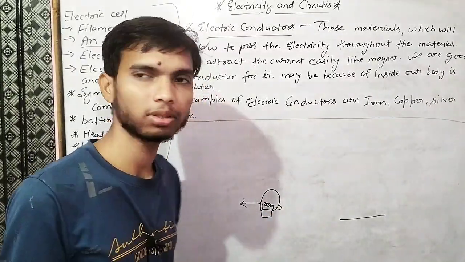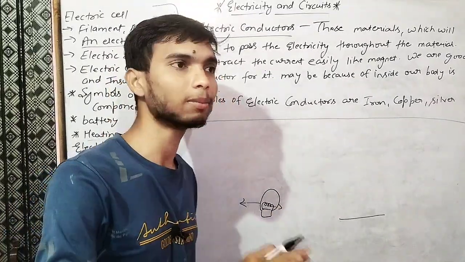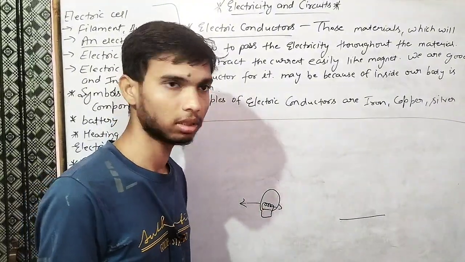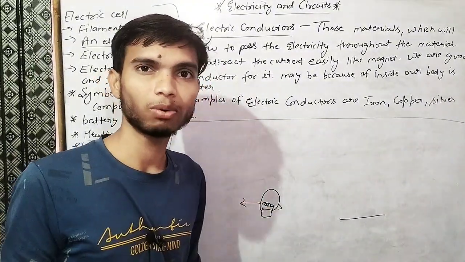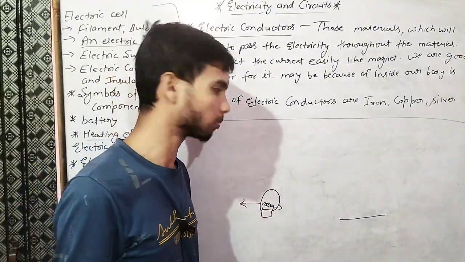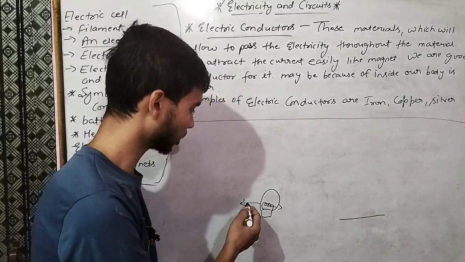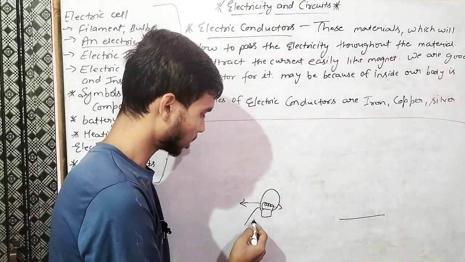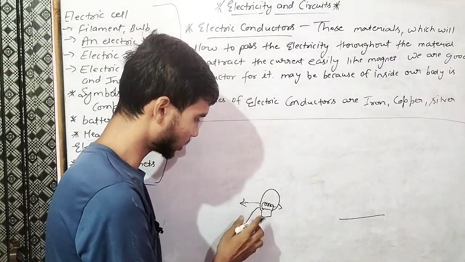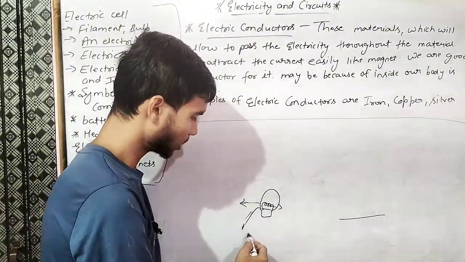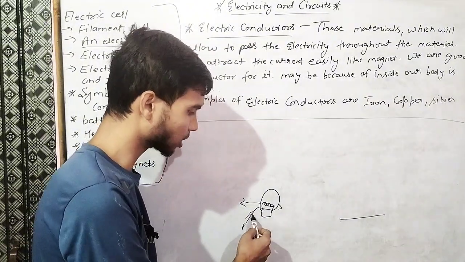It happens because of electricity passed through the filament. That's why the bulb is warm. This is why electricity is being provided through this wire.